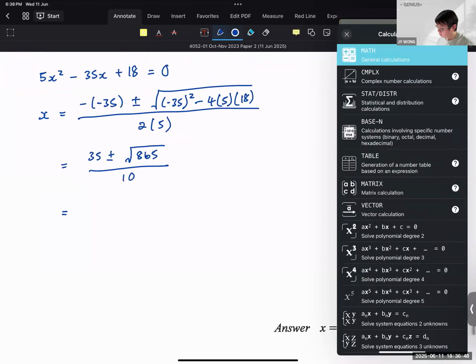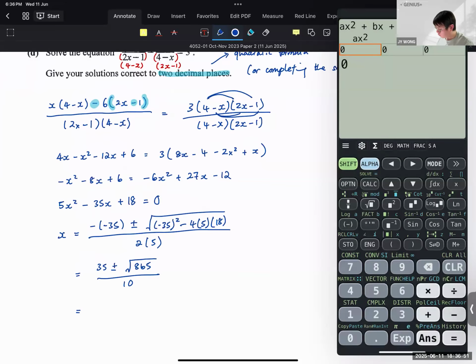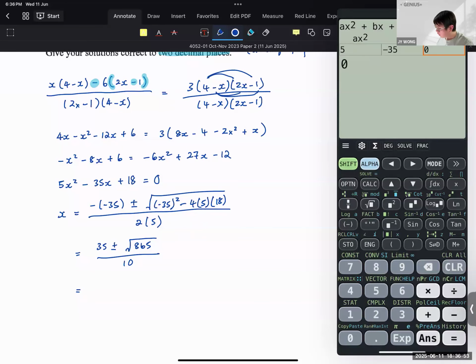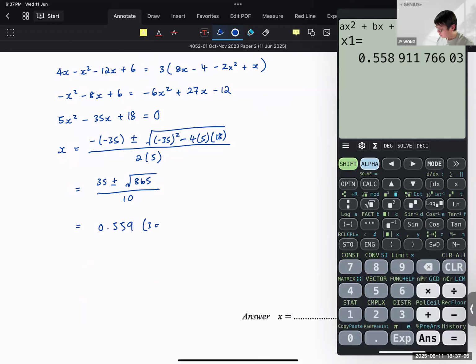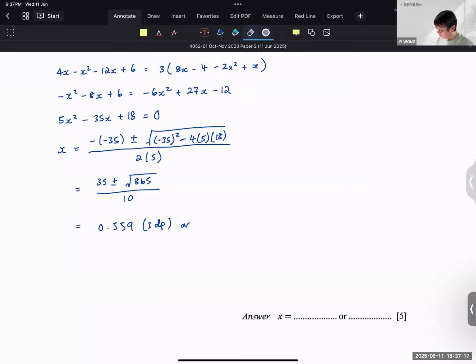Go to your polynomial degree 2. And then just key a equals to 5, b equals to negative 35, c equals to 18. So you get 0.559 in 3dp, or 6.441 in 3dp.